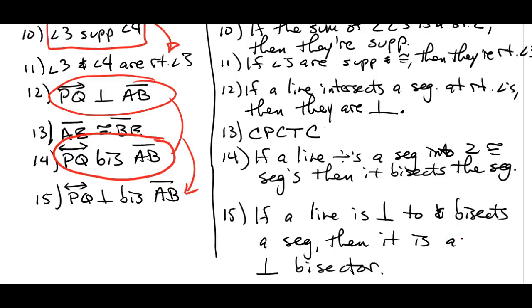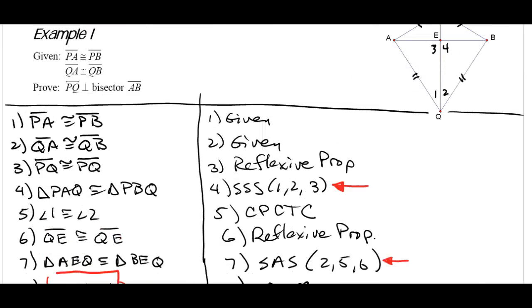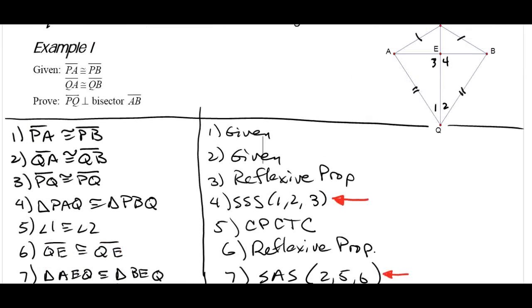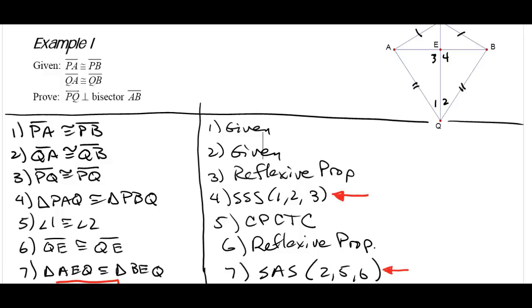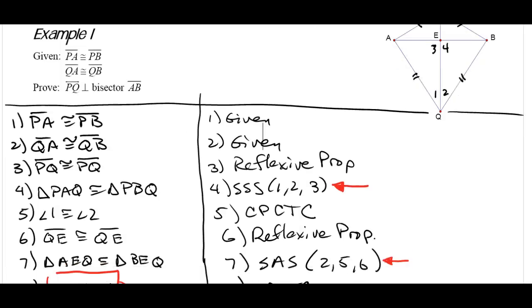So to provide a little motivation to learn the concept of this section, the concept of equidistance, I'm going to tell you now that once we learn equidistance, this becomes a 3-step proof. So just from the given information, I would be able to say that PQ is a perpendicular bisector.